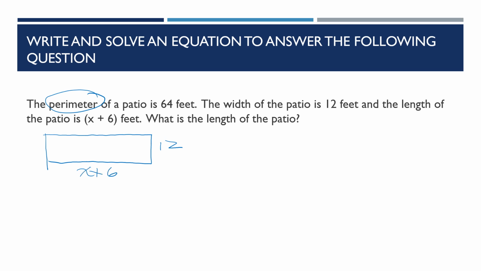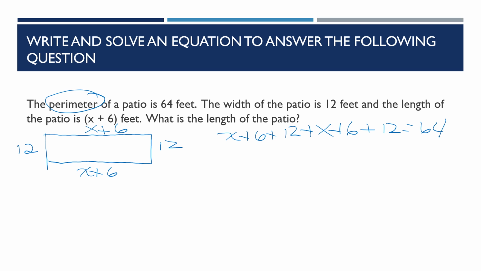So remember, in a rectangular shape, opposite sides are congruent, so that's going to be 12, and this will be x plus 6. And the distance around, you can add up all the sides. So x plus 6 plus 12 plus x plus 6 plus 12 equals 64.